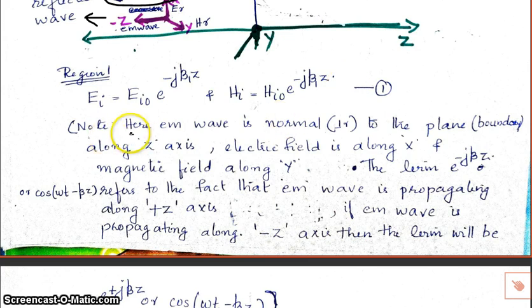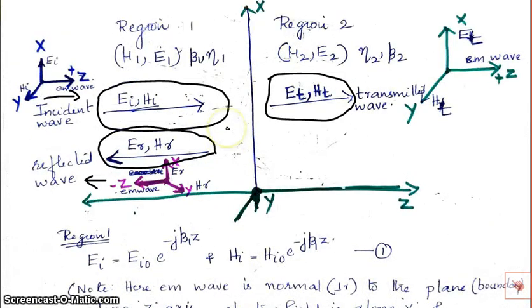Now here I have written that the EM wave is normal to the plane, along the z axis, the electric field is along the x-axis and the magnetic field is along the y-axis. So it is clearly shown here that the electromagnetic wave is moving in this direction, and the boundary of the two media is xy, which is perpendicular to the movement of this electromagnetic wave.